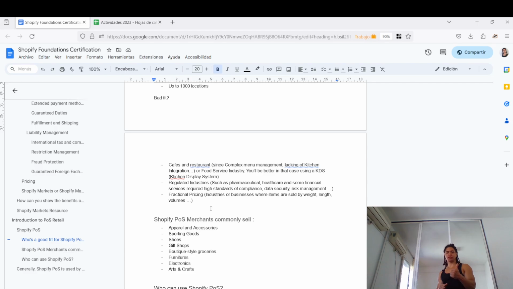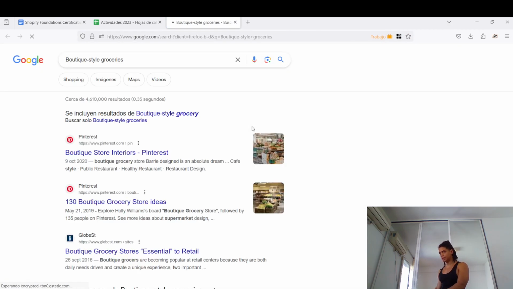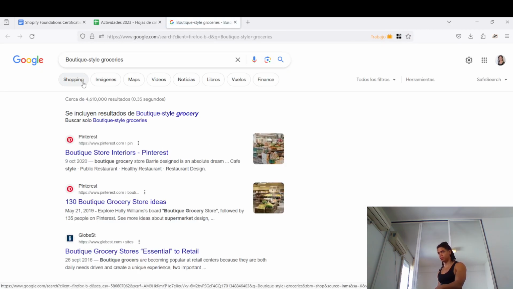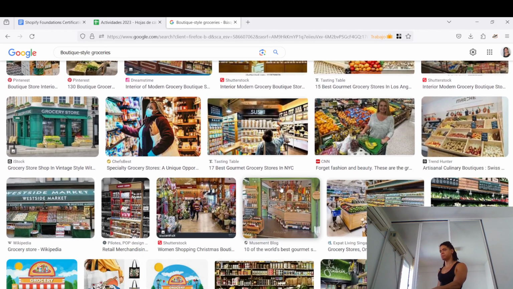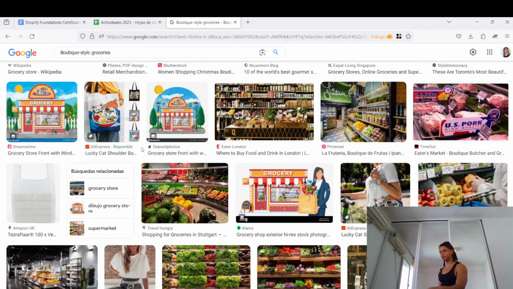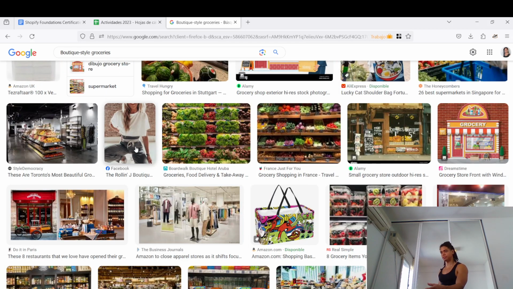Boutique style groceries, what do you mean by this? Okay, that's what they call a special grocery store. Boutique style groceries. Okay, makes sense.